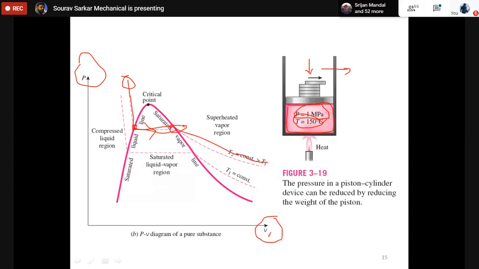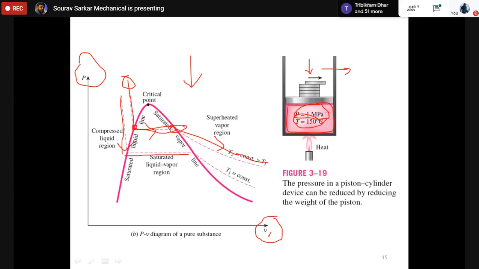After that, if we further reduce the pressure, that vapor will become more free and finally be converted into superheated vapor. The chances of condensation will reduce, so it is becoming more free vapor, a superheated vapor.